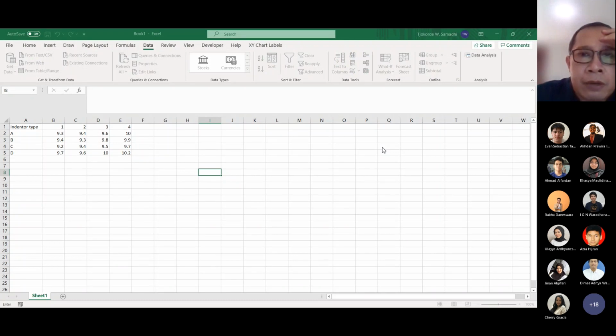You're not seeing any pop-up window again? Yes, sir. I think you need to share your whole screen, sir. So not the Excel tab, like the whole screen. All right, got it.